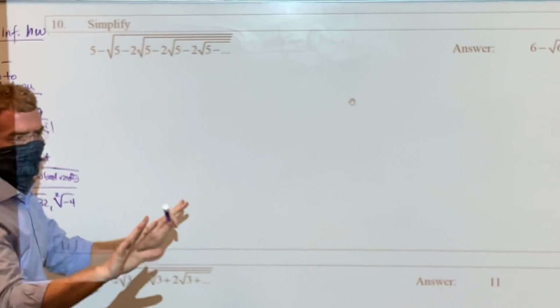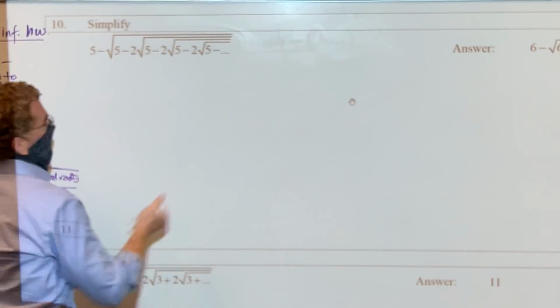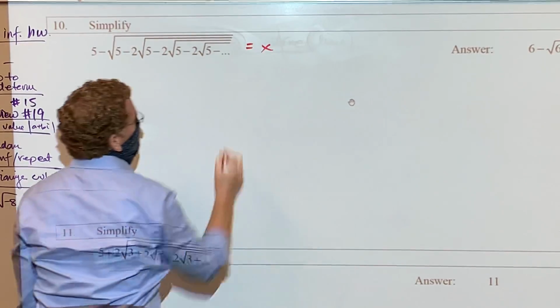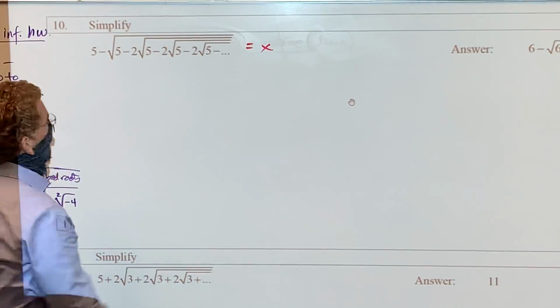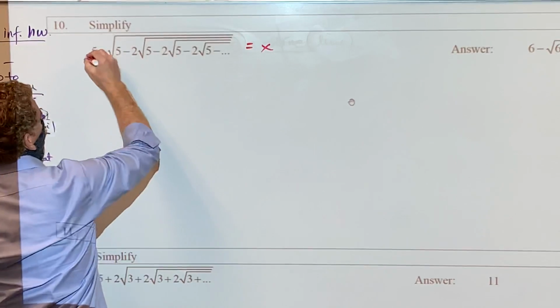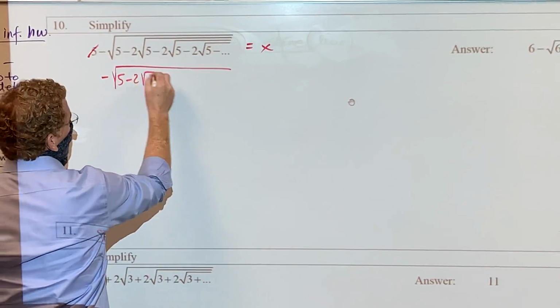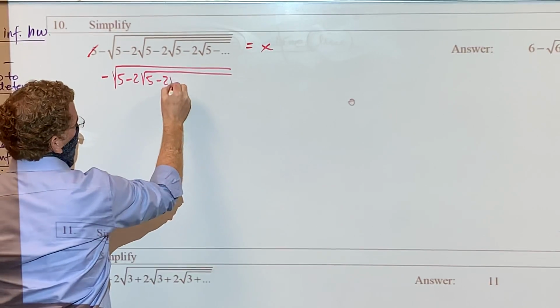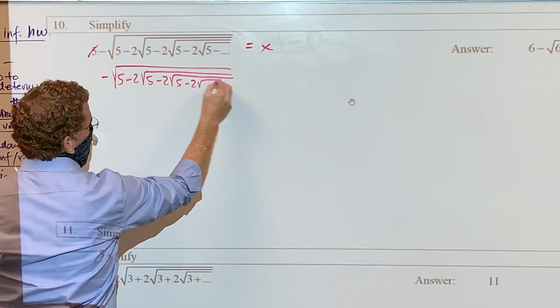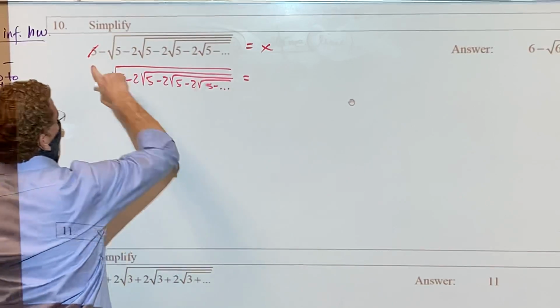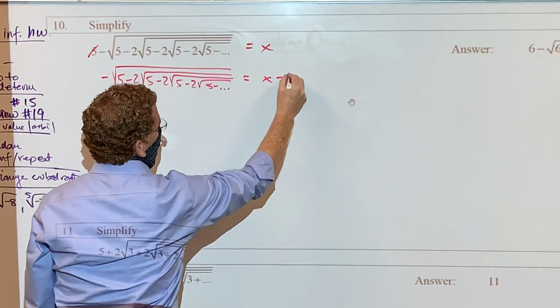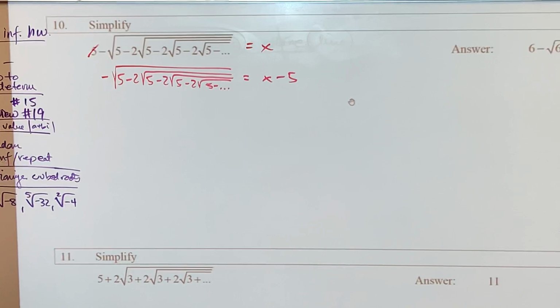Okay, if you're not of that mindset, again, I'm going to name this x, right? And then I'm going to subtract the 5. That gives me this thing. So in my opinion, this is probably one of the trickier ones on here. And I subtract that 5 and I get x minus 5. Are you with me?